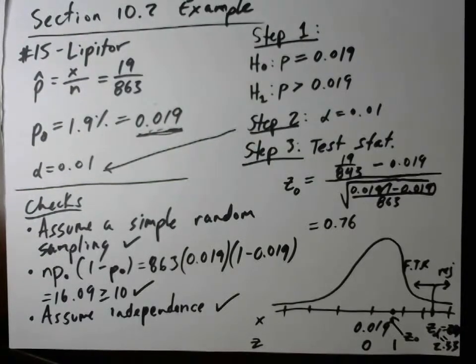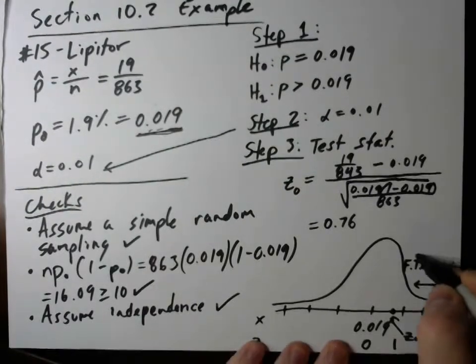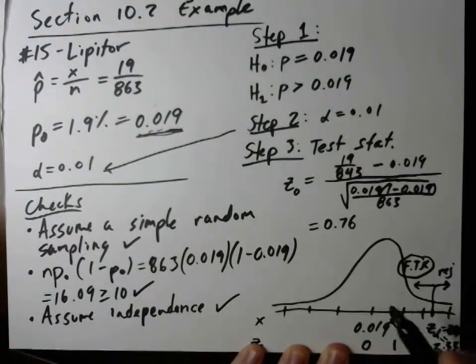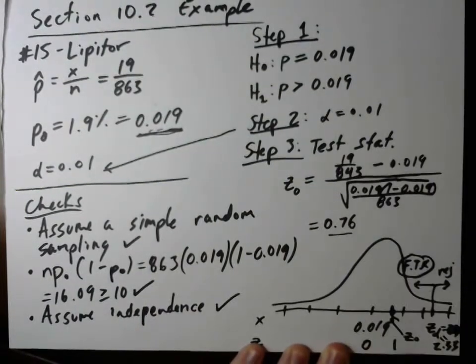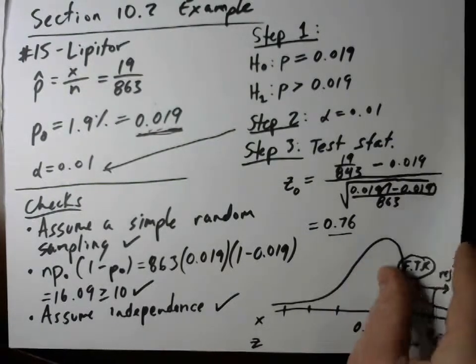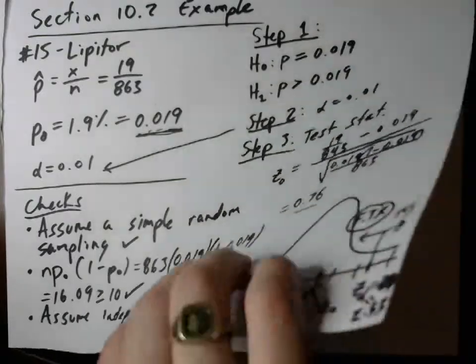As we can see, we're located in the fail to reject region because we're located right here with 0.76. So we have failed to reject, and this is the classical approach. Let's think about our result.